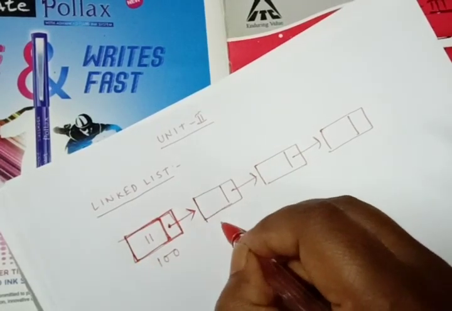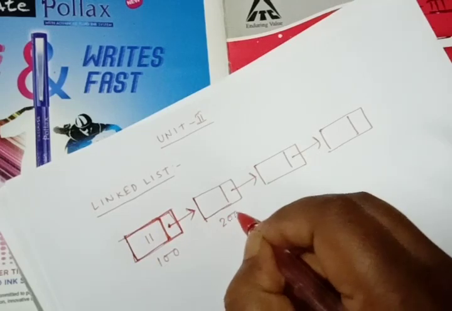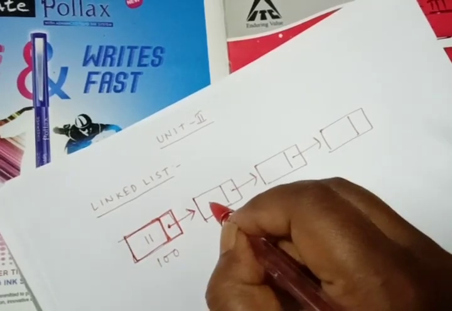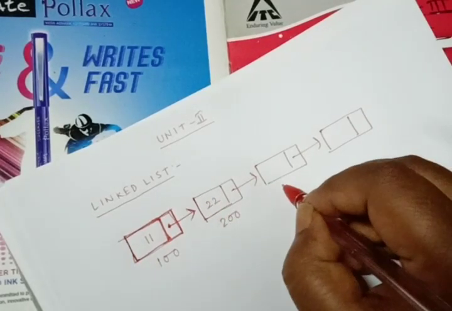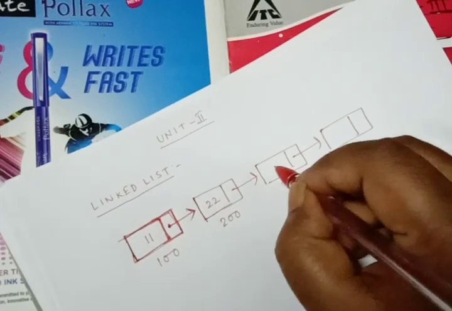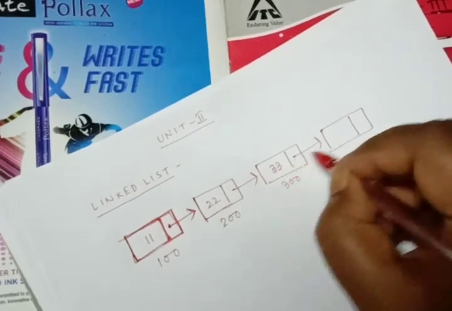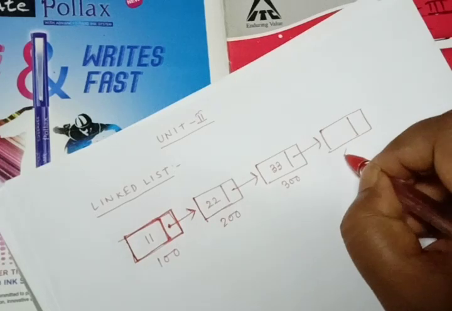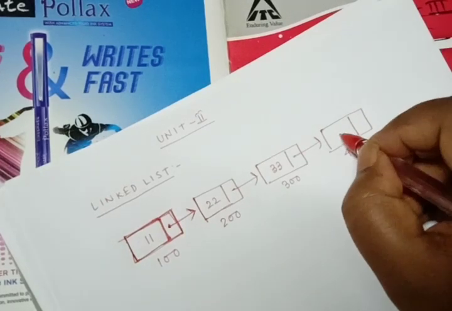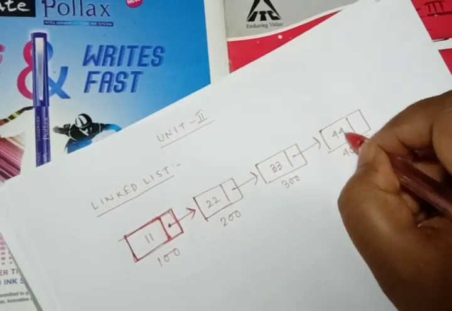The address of the second node is 200 and its information part is say 22. The address of the third node is say 300, its information part is say 33. The address of the fourth node is 400 and its information part is say 44.